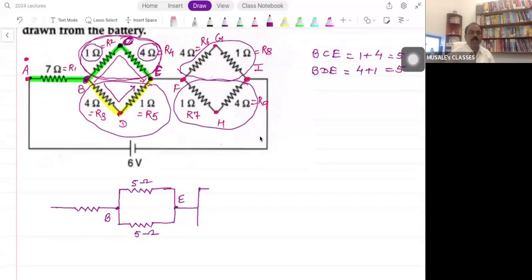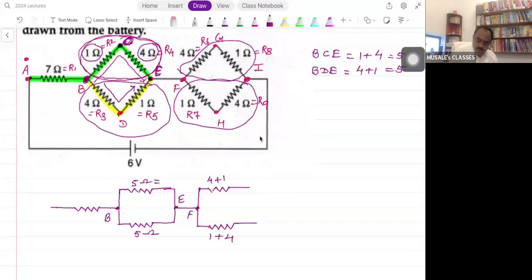So that will be from FGI. This will be 4 plus 1, and this will be 1 plus 4.